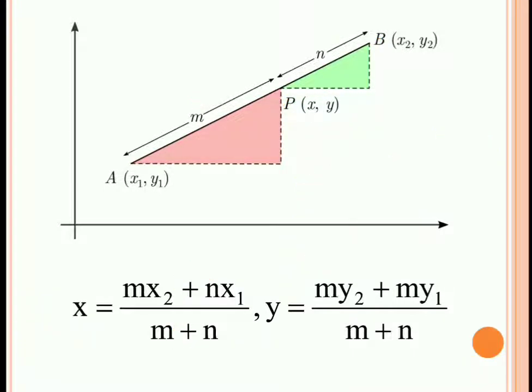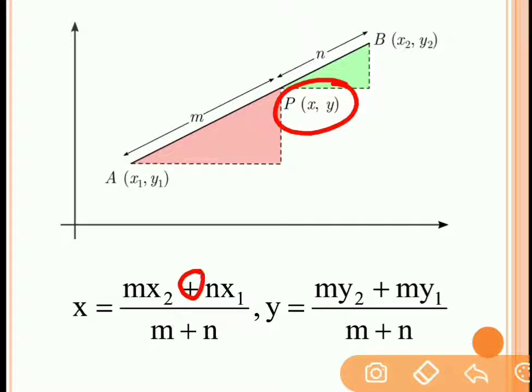Remember that when the point P divides the line segment AB into m is to n externally, then you have to use the subtraction sign in this formula. Understood? So you have to remember this point. When the point P divides the line segment AB internally, then this formula is correct. When this point P divides the line segment AB into m is to n externally, then you have to use the subtraction over here.